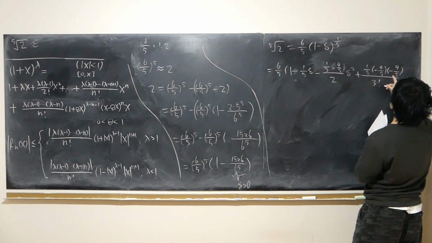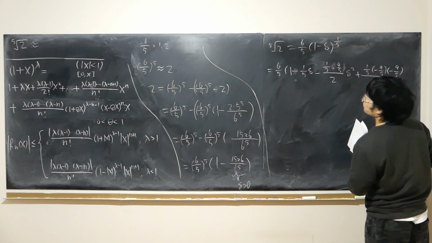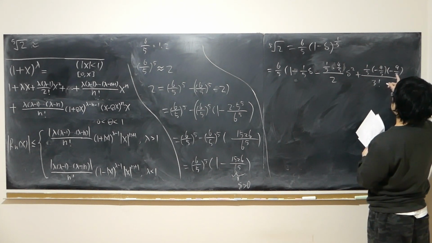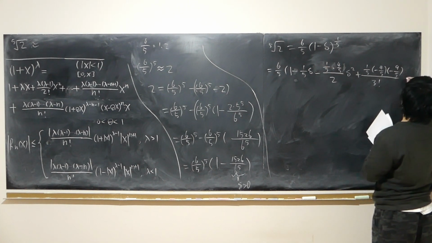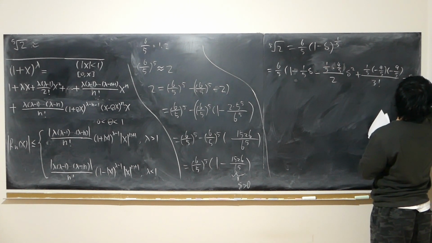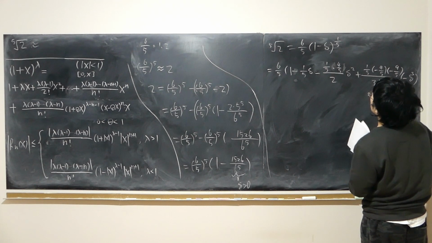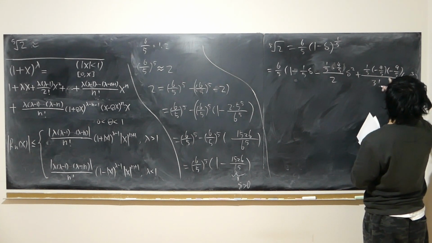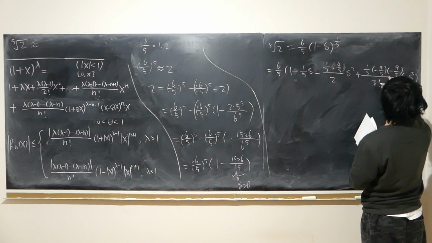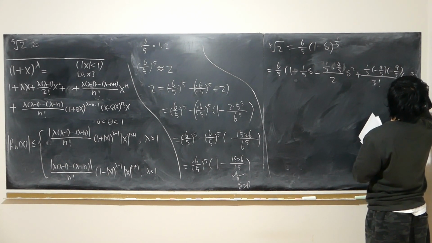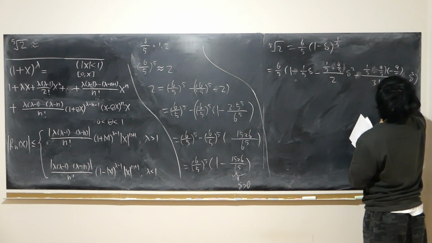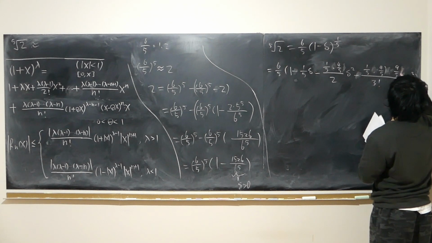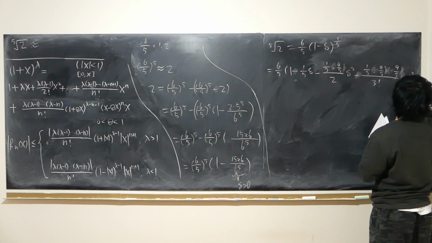I keep minus 1, minus 1, minus 1. Times x to the power of 3. So this guy to the power, still I have negative delta to the power of 3. So negative, negative, negative, positive, still negative. So everything else is just positive.